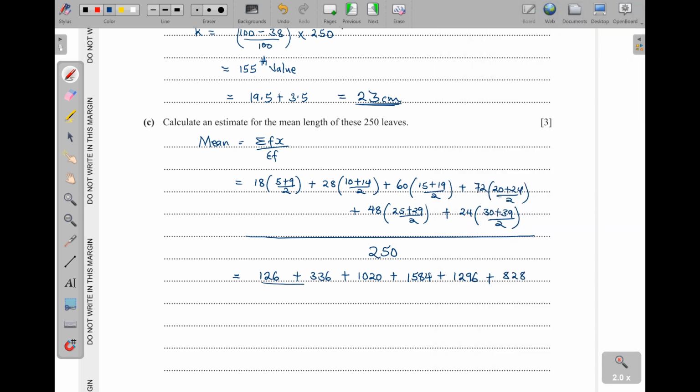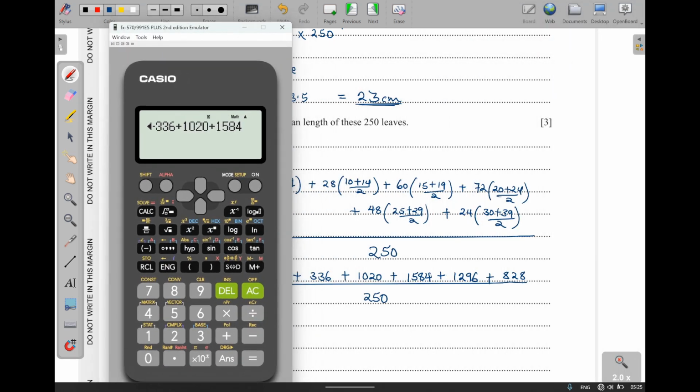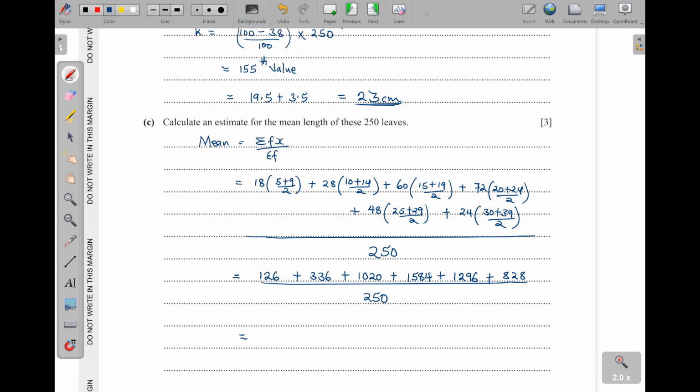Then we divide by 250. 126 plus 336 plus 1020 plus 1584 plus 1296 plus 828, that is 5190.